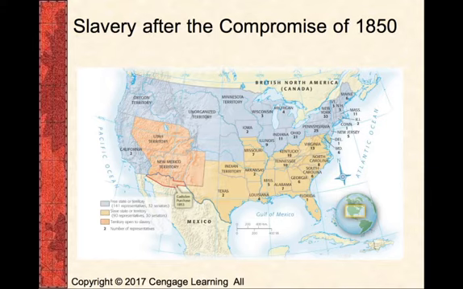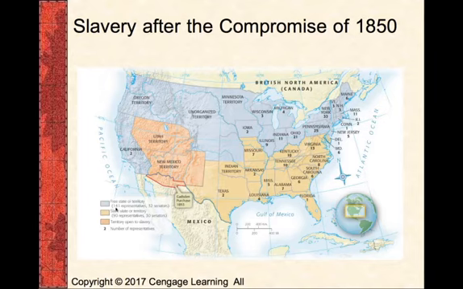Here is the state of slavery after the Compromise of 1850. You see here the slave states themselves, these tan states. Utah and New Mexico get opened up to slavery, but it's not guaranteed that they will be allowed to have slaves if enough people come in here and request free states.